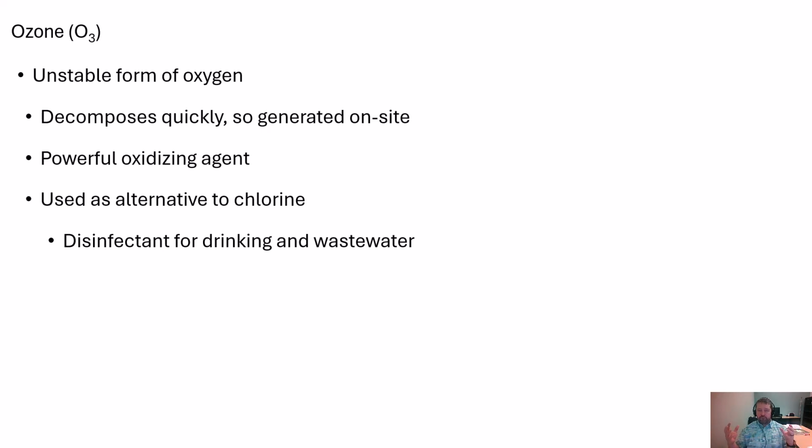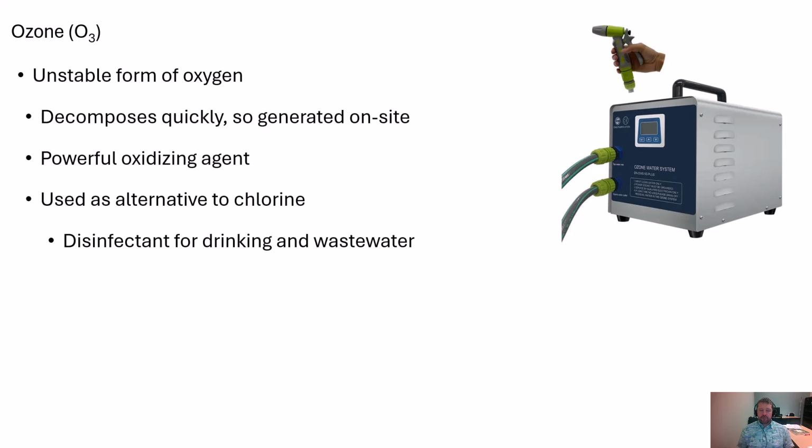It can mess with the way at which things flow through a membrane. So there's lots of ways at which oxidizing agents work, and they can be great when used in specific industries.